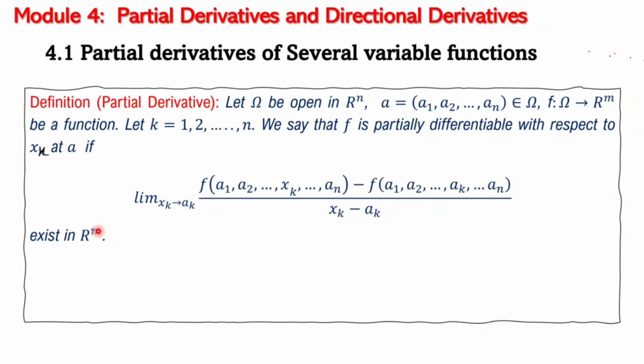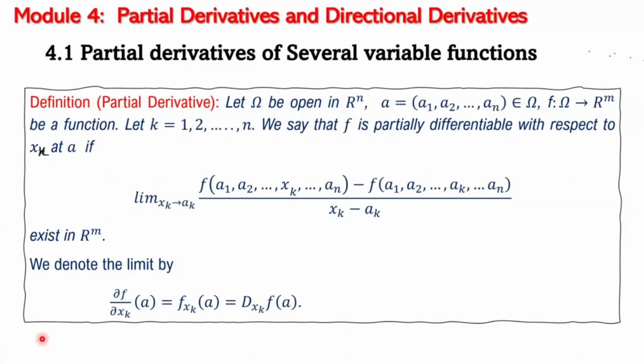exists in R^m. Because f is a function from R^n to R^m, f(a) and this point will go to R^m. So if this limit exists in R^m, then we say that f has a partial derivative with respect to xk, the kth variable.